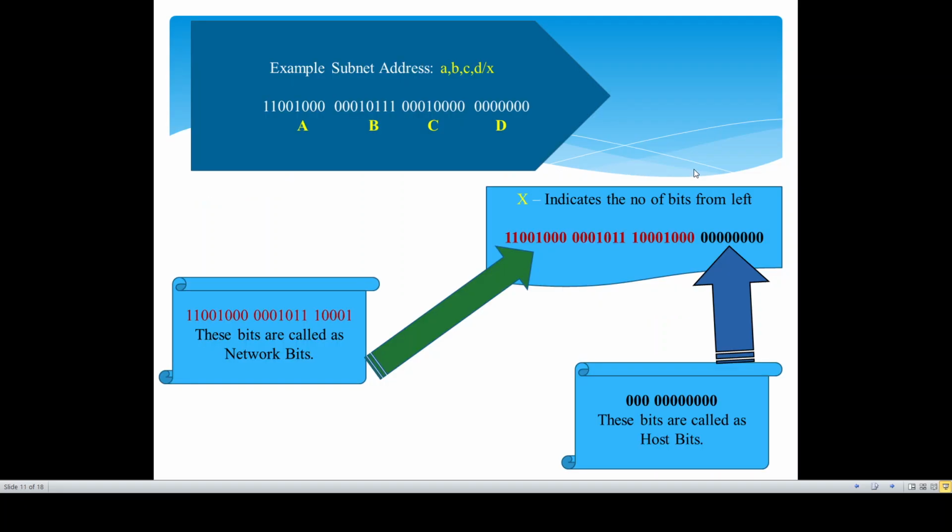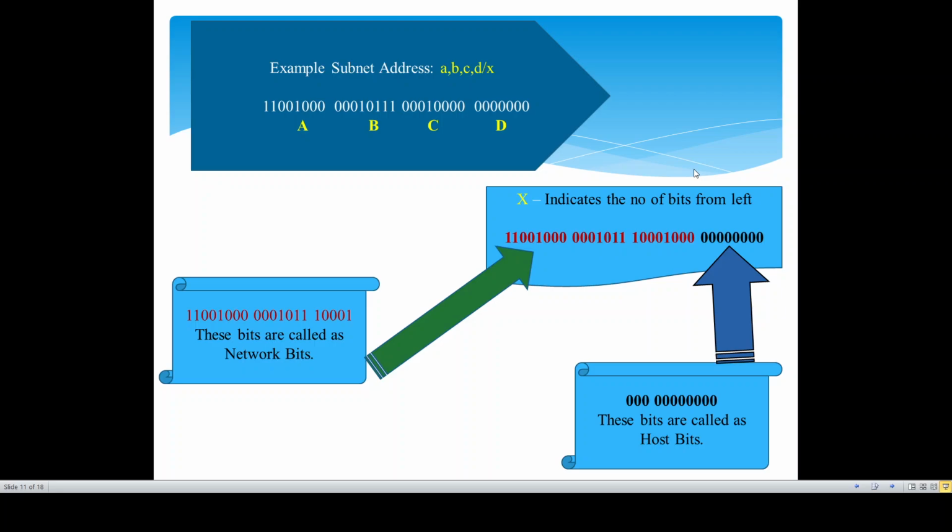So here you may see some sample example. First A, comma B, comma C, comma D /X. So X represents the number of bits starting from the left hand side. Sometimes /X is also called a CIDR value. Later we will be discussing it in the example.